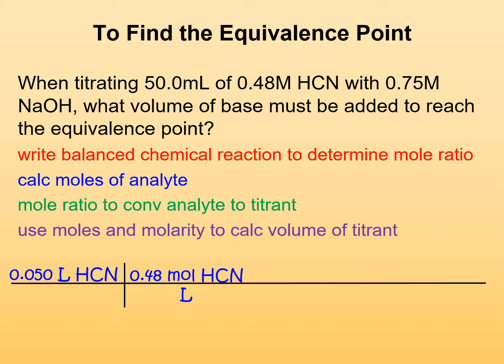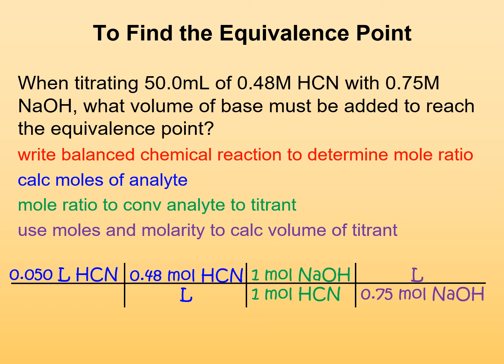The 0.48 moles of hydrocyanic acid goes on top. Then we use our mole ratio to change into moles of our titrant, the moles of sodium hydroxide. Then we're going to use that molarity as a conversion to find volume.